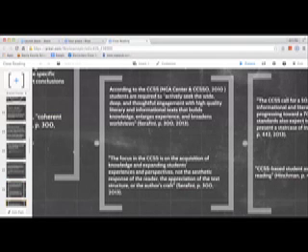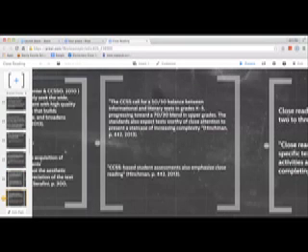The CCSS calls for a 50-50 balance between informational and literary text in grades K-5, progressing toward a 70-30 blend in upper grades. The standards also expect text worthy of close attention to present a staircase of increasing complexity.